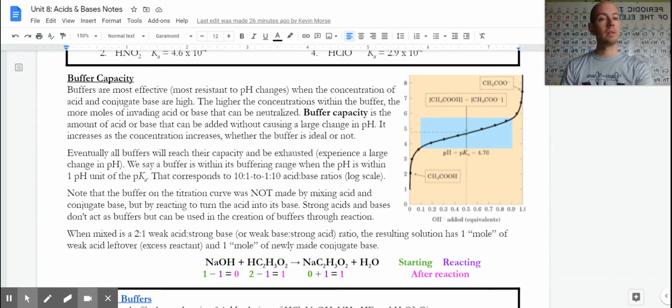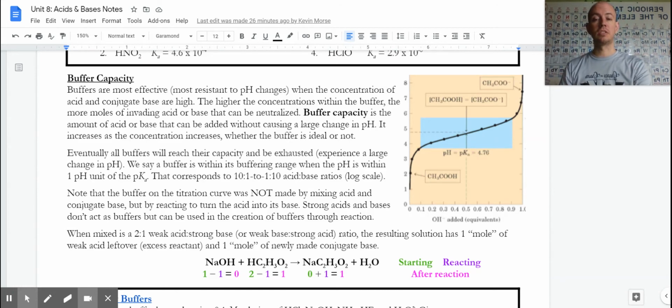So this is a little bit different in terms of the way we define or think about getting to a buffer. The example right here shows that if I have acetic acid and I put in sodium hydroxide, that would make sodium acetate. That's the exact same buffer we described in previous videos, acetic acid and sodium acetate. Well, if this reaction goes to completion, our acetic acid would be gone and we'd only have sodium acetate.